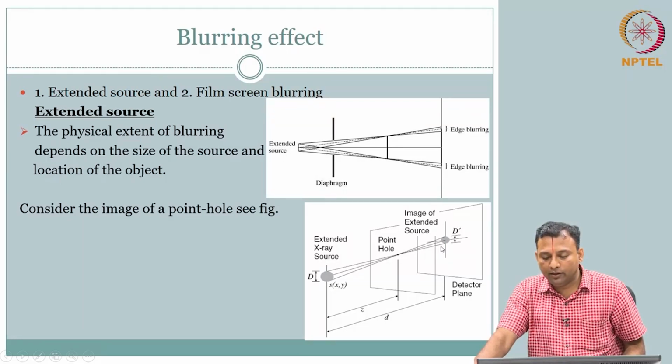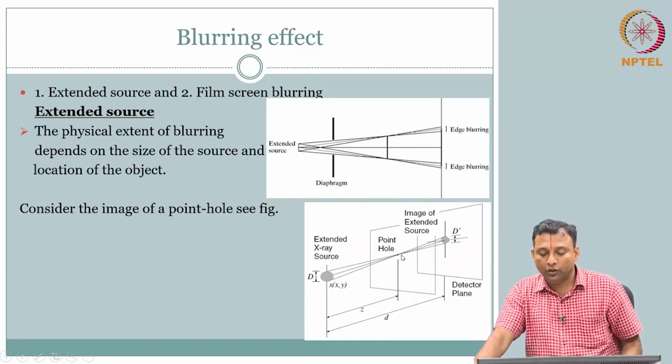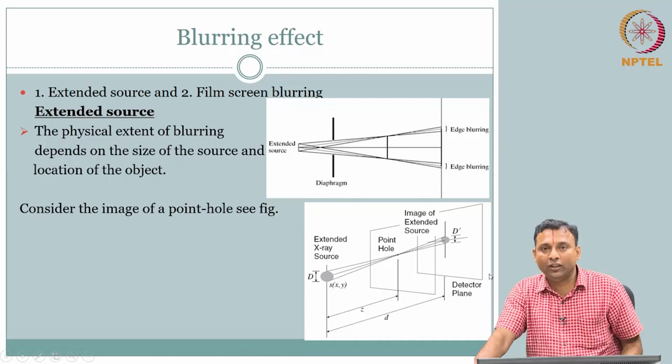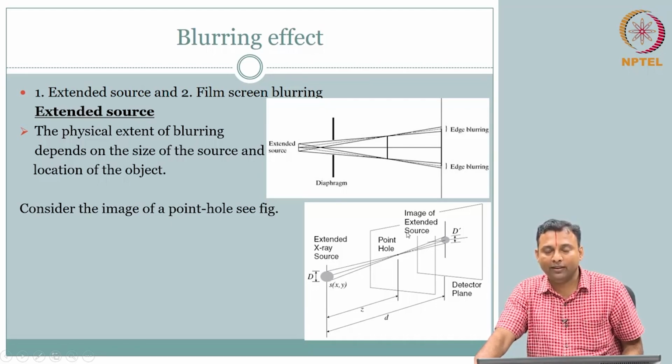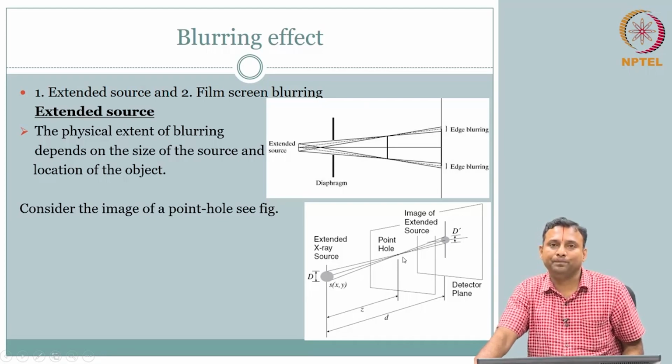It is going to be scaled, D dashed. One more thing has to do with how you interpret what you see on the image on the detector, as essentially your object, f of x comma y. But what is this object? The object is supposed to be a point. So what are you going to see here?